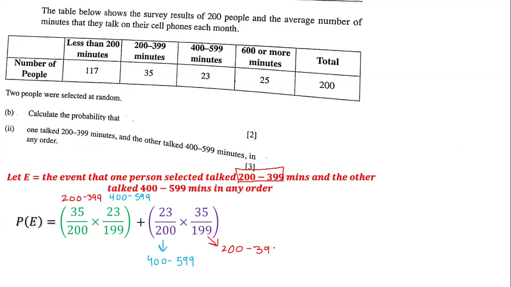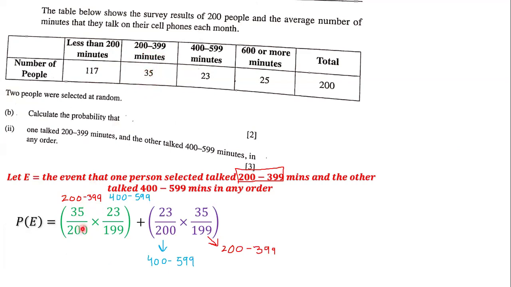Okay. And so that's how we're going to answer this question. Let's say we want to figure out the probability that the first person selected came from the people who spoke on the phone from 200 to 399 minutes. That means it's going to be 35 over 200.